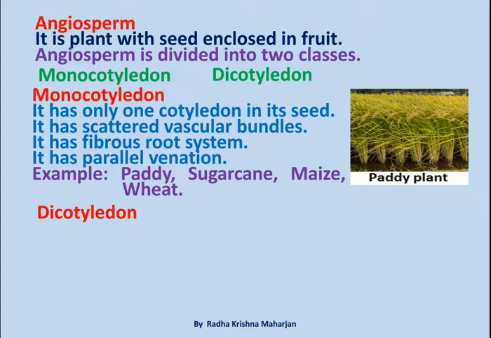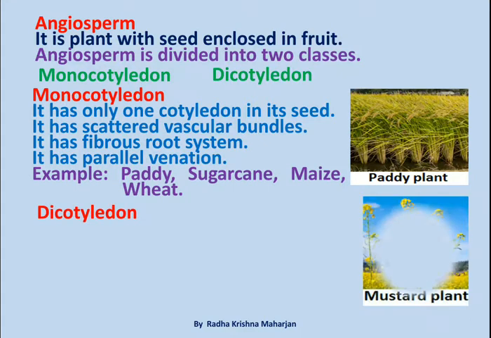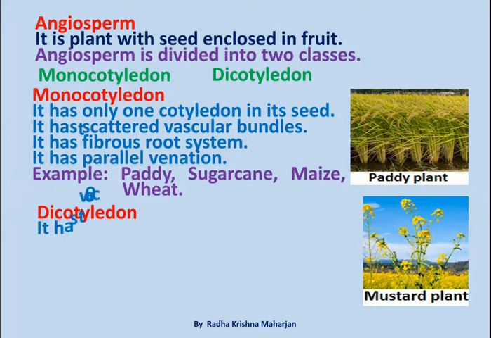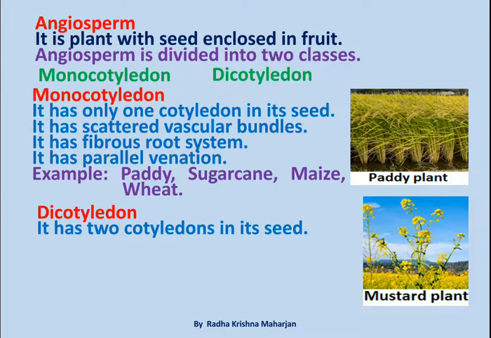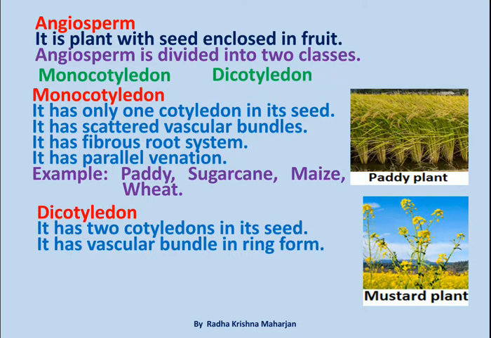Dicotyledon. It has two cotyledons in its seed. It has vascular bundle in ring form.